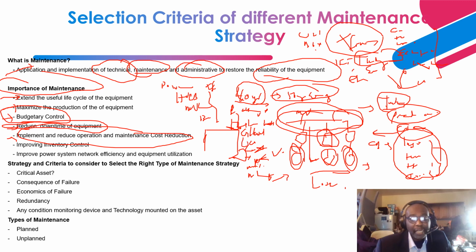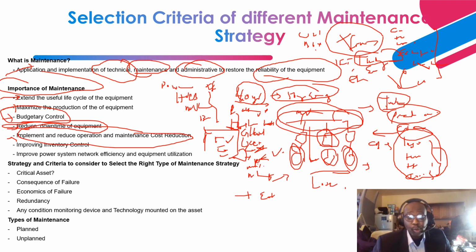Also, if you have an OLTC, you have an OLTC condition monitoring device that provides monitoring parameters like current, voltage, contact wear, contact resistance, then the current being drawn by the motor, and also the motor torque. Based on all these, you can extend the time-based maintenance period for the power transformer from a 6-year maintenance period to, let's say, 12 years.